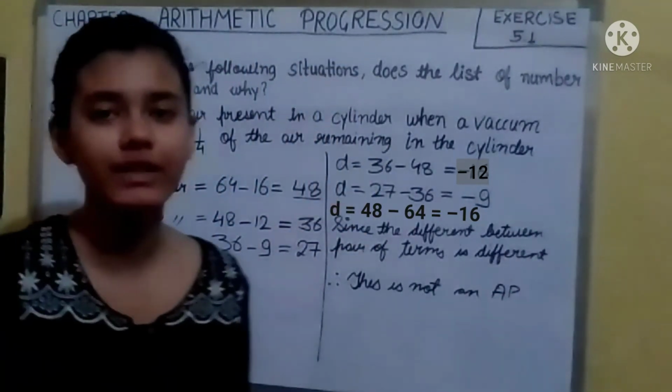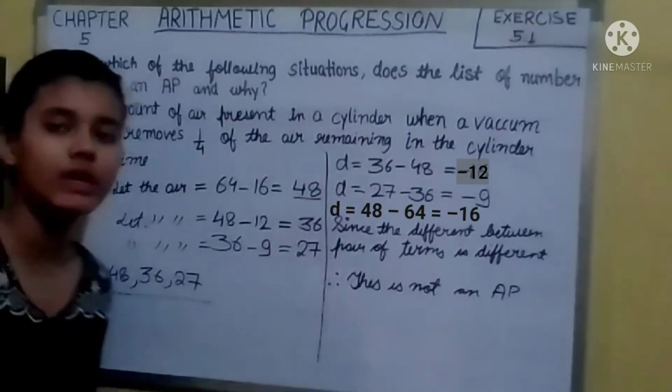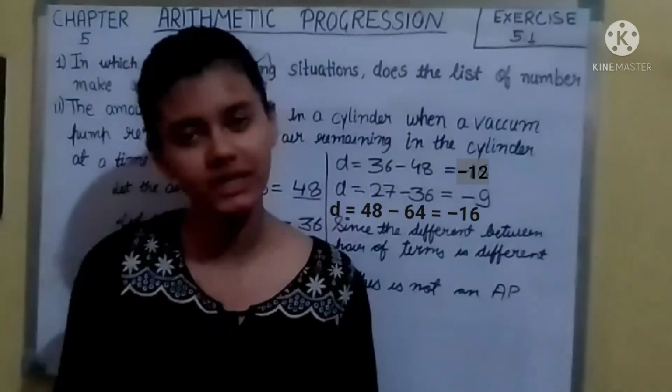So now we have got that this list is not an arithmetic progression. Okay, so now let's move on to the third part of the question.